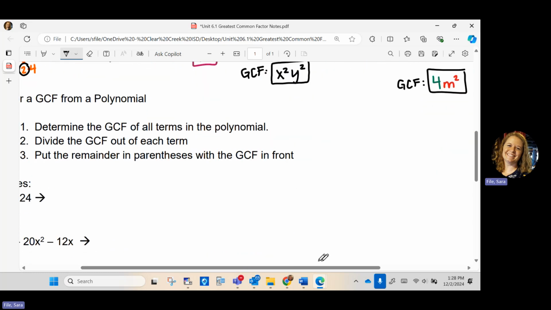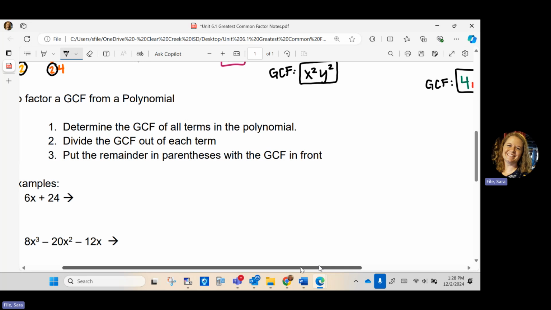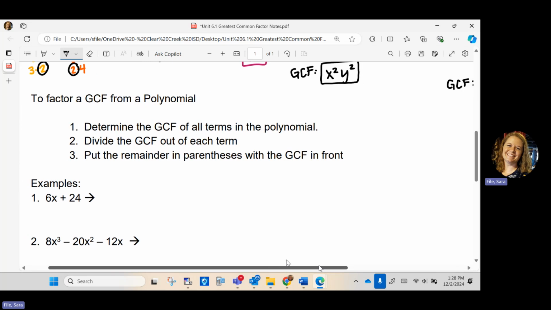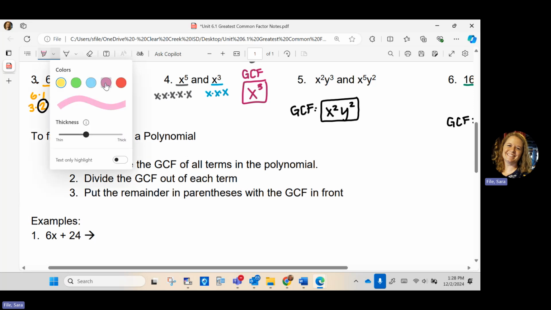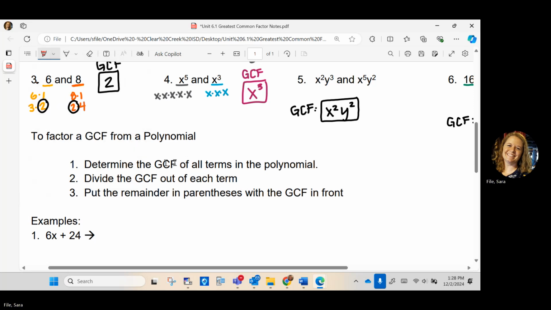All right, now, if we are going to factor out the GCF from a polynomial, so it's not just a list of numbers or variables that we're finding the GCF of. If we are told to factor a GCF from a polynomial expression, that means there's going to be pluses and minus signs. That means we're looking for the GCF, so we're going to find the GCF, and we're going to write that in front.